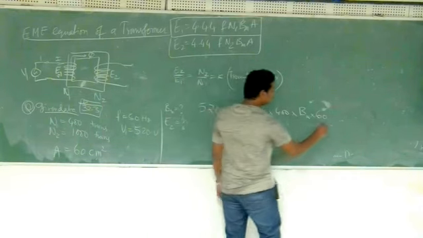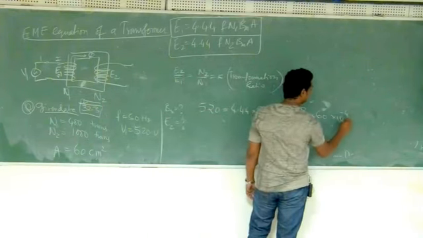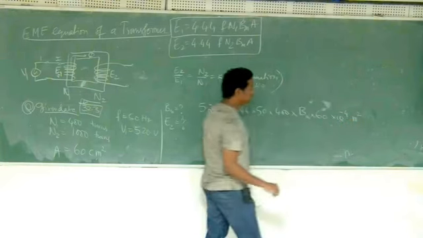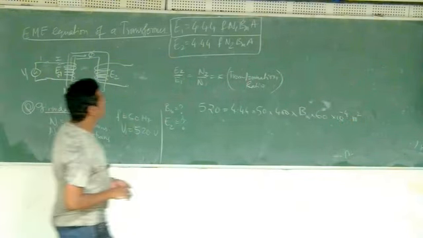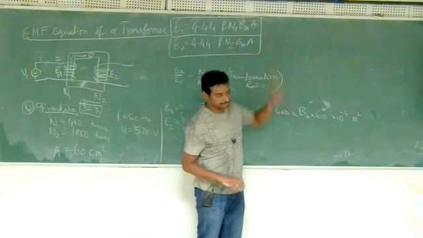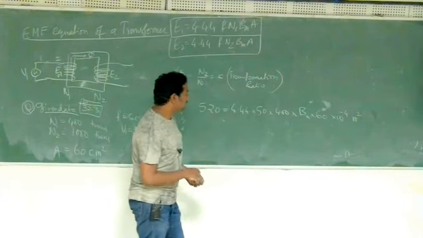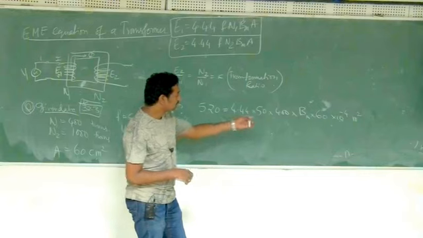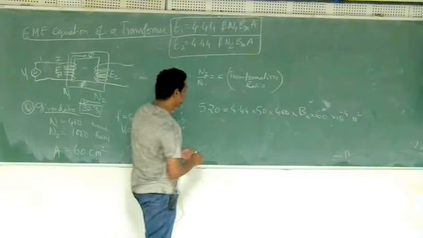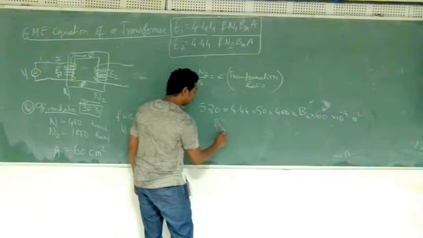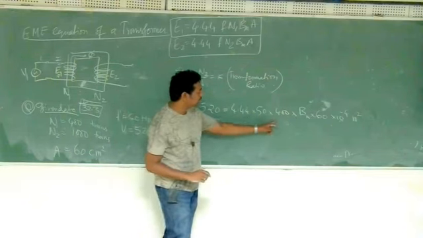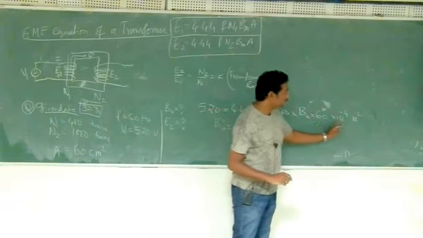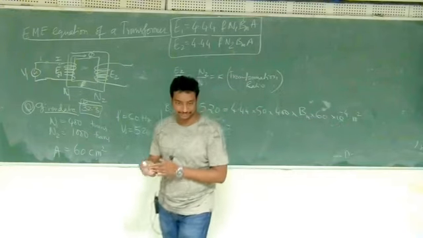I have to convert into 10 power minus 4 meter square, since this formula assumes that A is in meter square. So from all these things you can calculate what is BM. 520 divided by 4.44 divided by 50 divided by 400 divided by 60, and then again divided by 10 power minus 4.